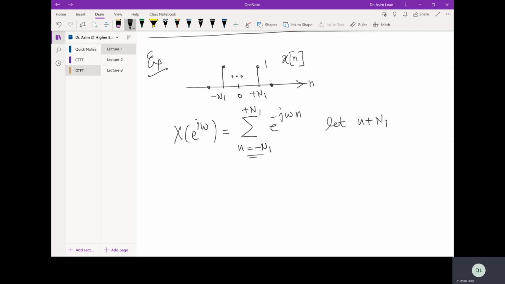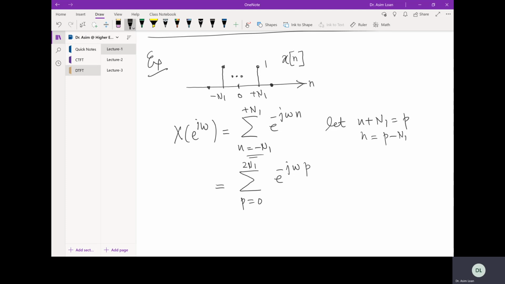So I want to make the lower limit 0. So when n is equal to minus n1, p is equal to 0, and the upper limit is 2n1. And n is equal to p minus n1, so e minus j omega p here.